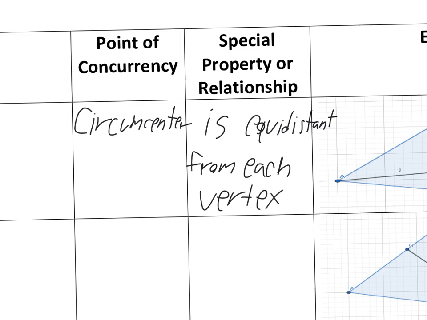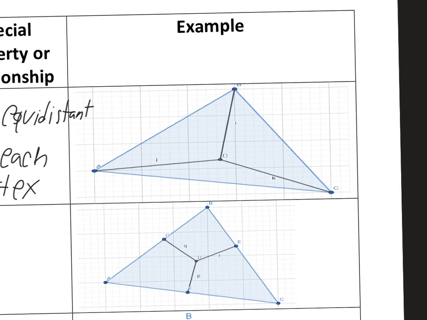So if we look at our little sample graph over here, we're essentially saying that if D is our circumcenter, then segments J, I, and K are all congruent because D, our circumcenter, is equidistant from each vertex.